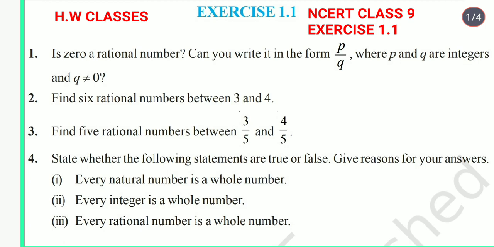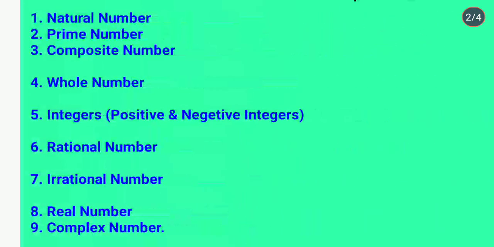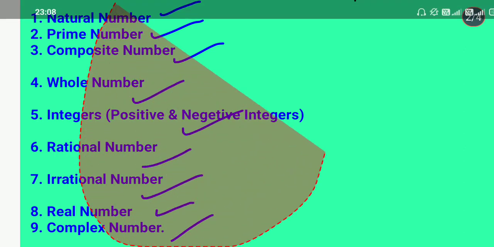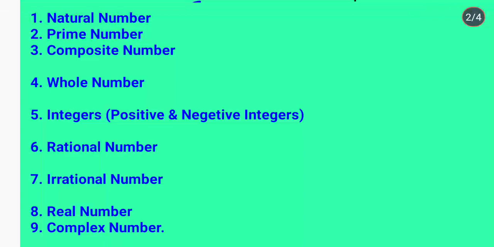We have types of numbers: natural numbers, prime numbers, composite numbers, whole numbers, integers, positive and negative integers, then rational numbers, irrational numbers, real numbers and complex numbers. What are these types of numbers? We will discuss them in short because you have already covered these numbers in your previous classes.